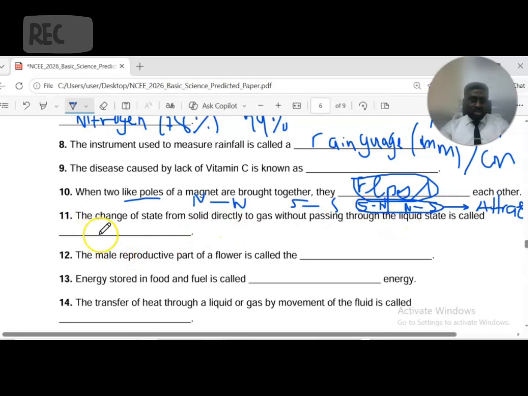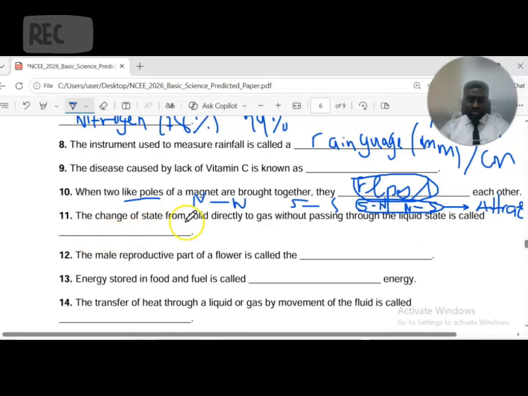Question 11 says the change of state from solid directly to gas without passing through the liquid state is called, this under change of state of matter. Of course, matter exists in four phases: solids, liquid, gases, and plasma. Different conditions can lead to changes. Could be changes in heat, changes in pressure, addition of heat, changes in temperature in the environment, and other laboratory enhanced conditions.